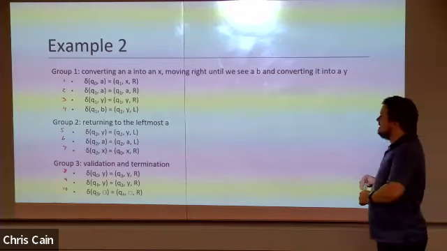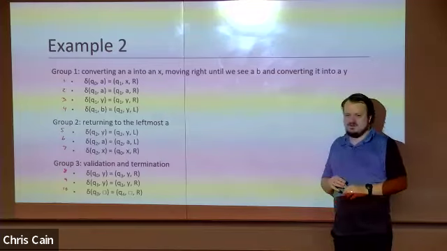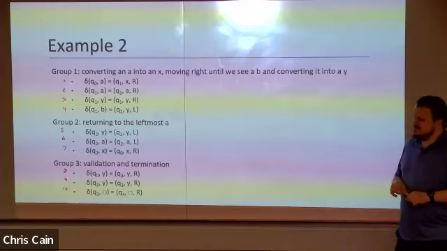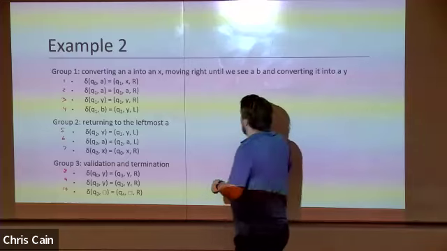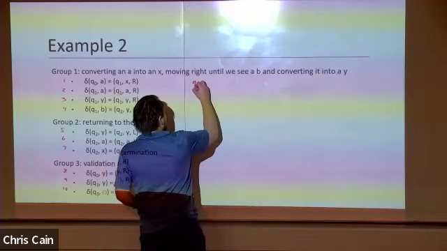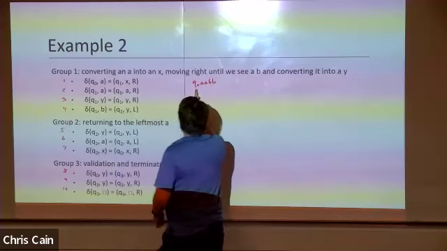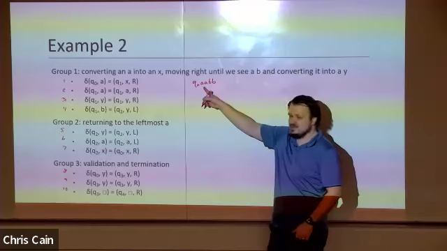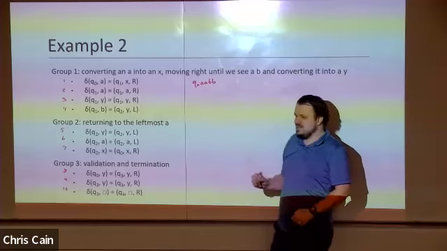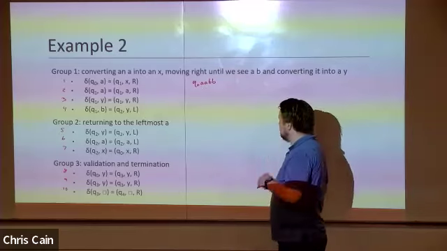So what is the instantaneous description of the very first that we would write before we start? Q0 AABB. Saying we're in state Q0, the read-write head is pointed at the first A. Here is everything that is left. Great.